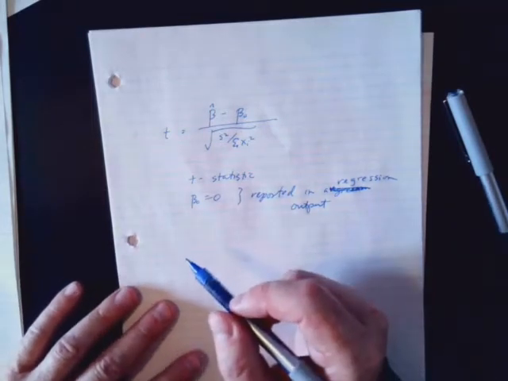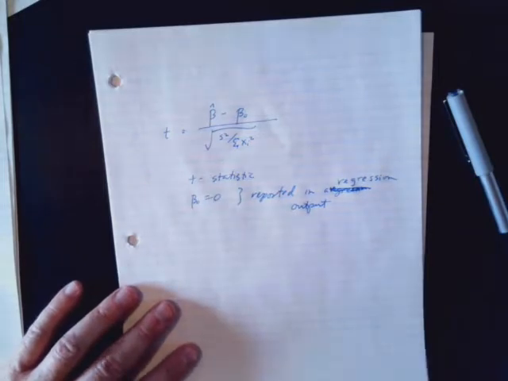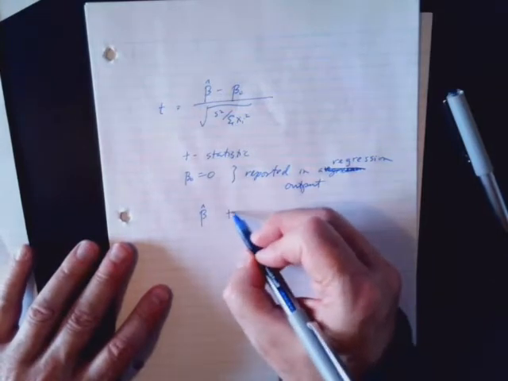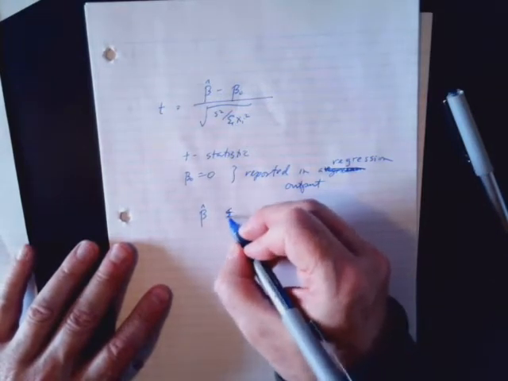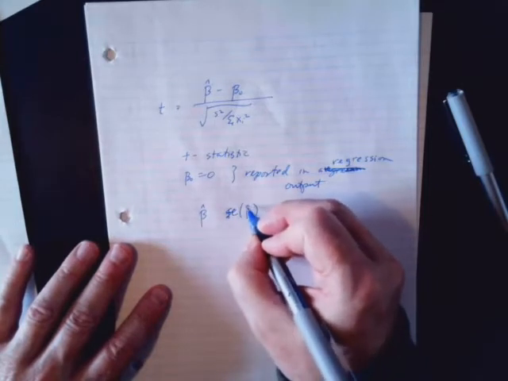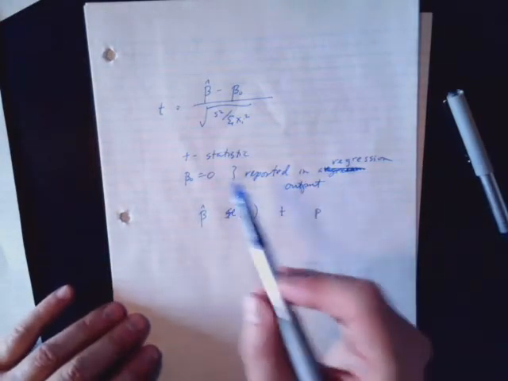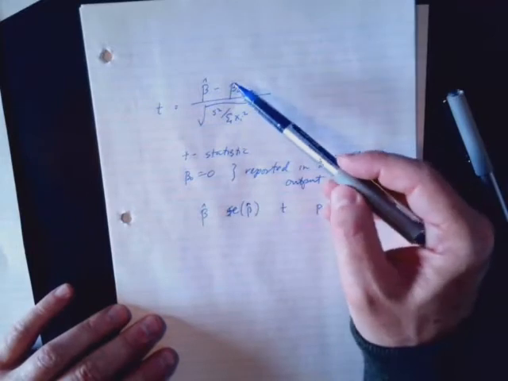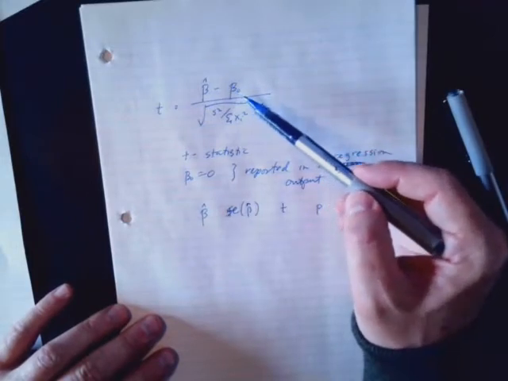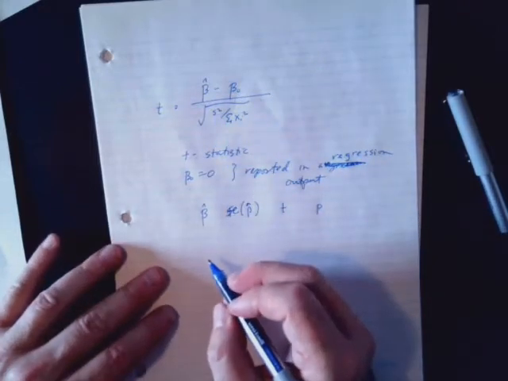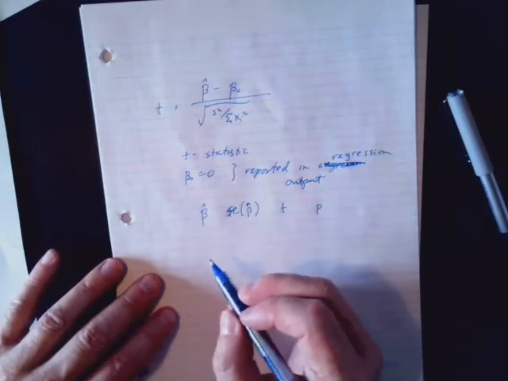So you'll see the typical output, which has a table with beta hat, then the standard error of beta hat, which is the square root of the variance, and then the t statistic, and then the p-values. So that's the four things you usually get in a regression output. And the t-statistic is the z transform when we've set beta 0 equal to 0, and we're using the estimated s squared, the estimated variance of the error term.